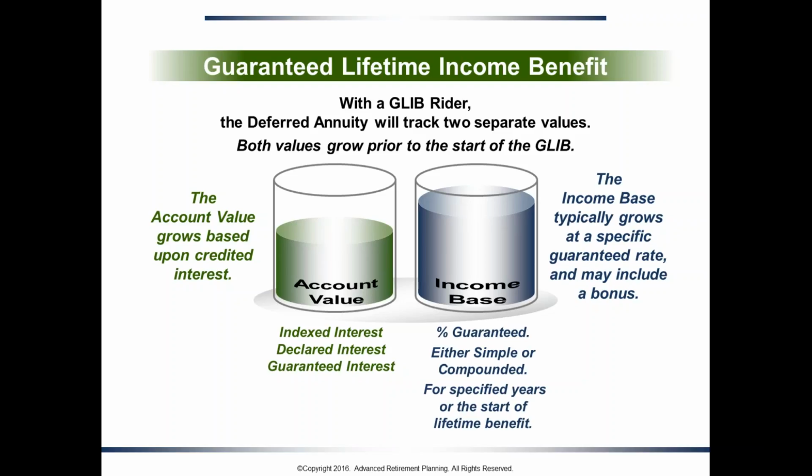And that growth may be for a specific number of years, for example, only for 10 years. Other ones will grow for longer. And once that income stream is actually started, the growth of that income base in most products will stop. Okay, you guys with me so far?